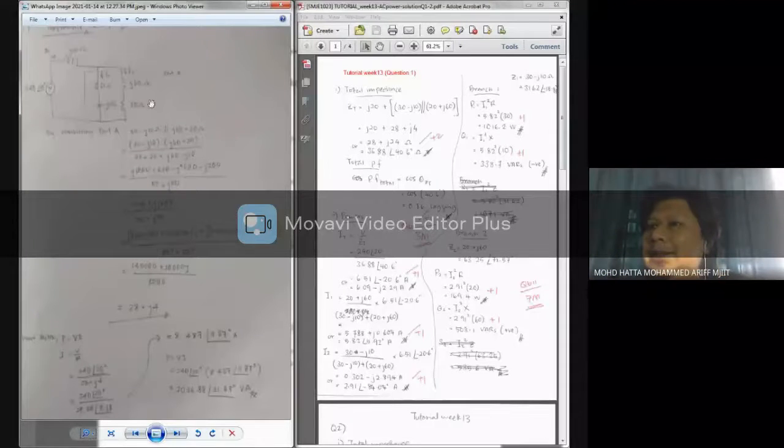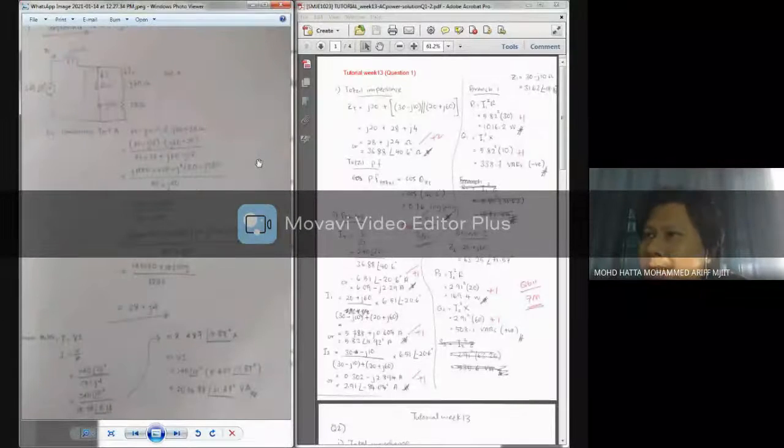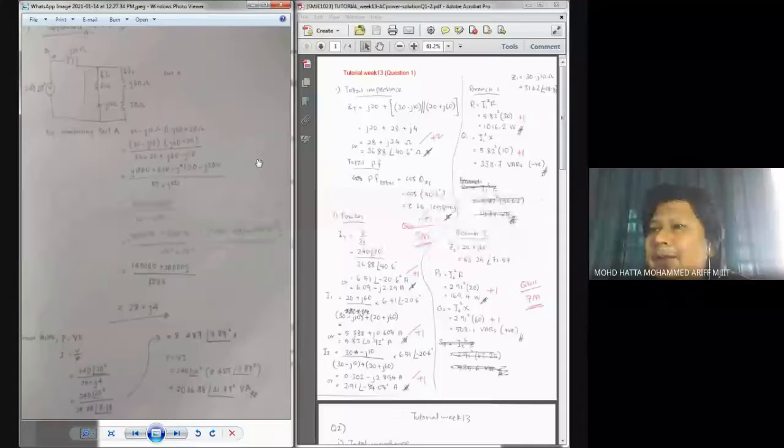Anyway, we try to have a look at what's going on in the solution. As I mentioned earlier, this part should be combined together. And the best thing is that you don't need to calculate your reactance value using your omega, because the value of the components over here is given in its reactance value, as well as resistance value.